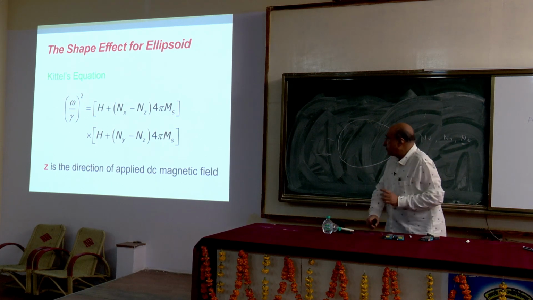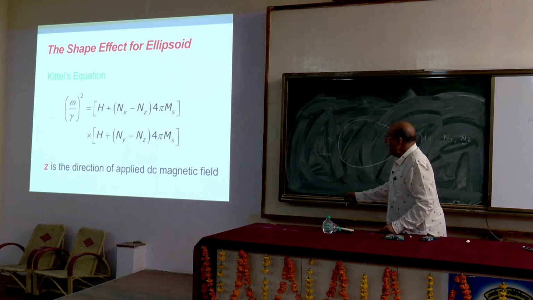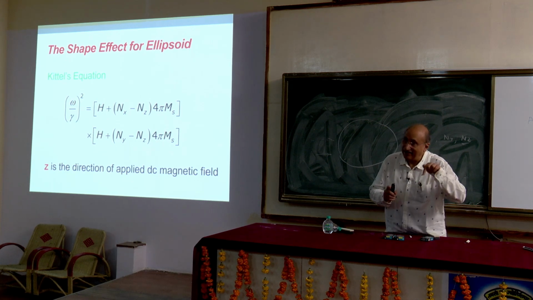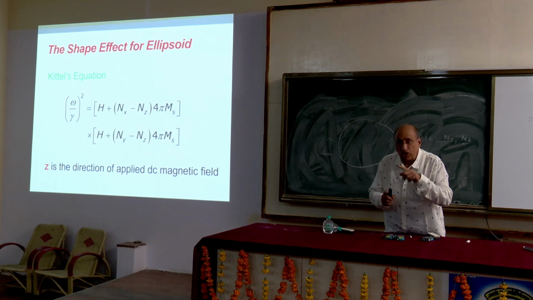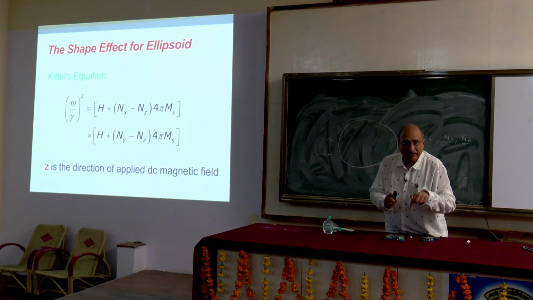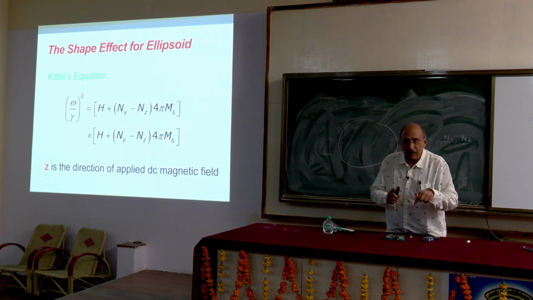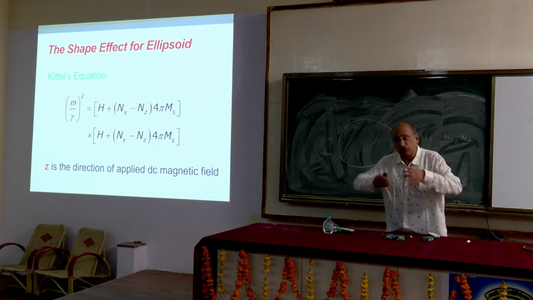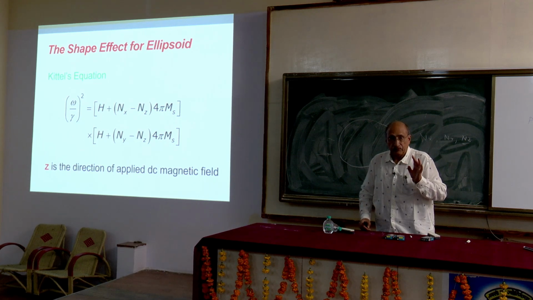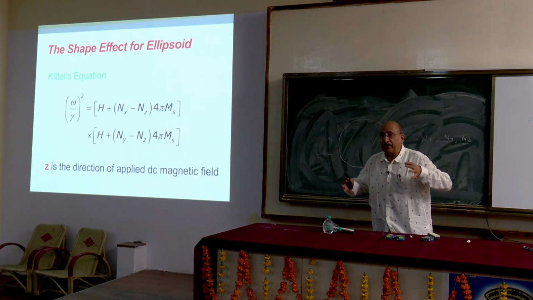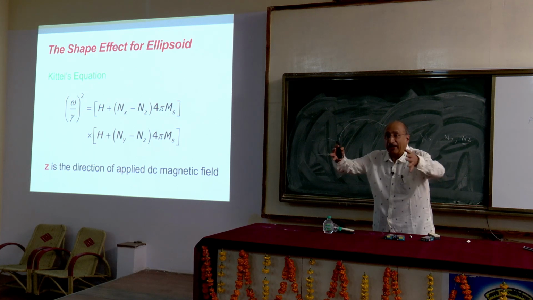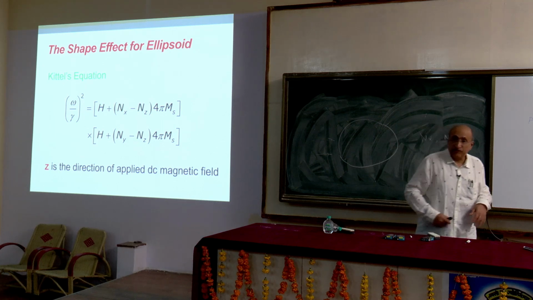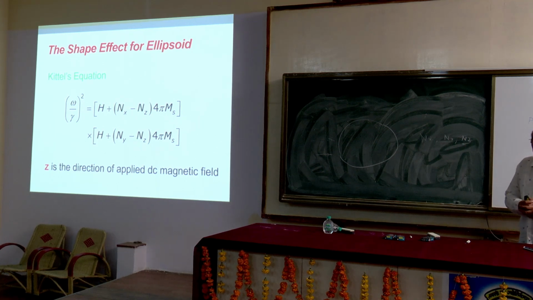Remember, this expression uses H, which is the externally applied field, not the internal field, while resonance will see the internal field. I do not want my equation to be in terms of internal field, because for that I have to calculate it. I would rather have the equation in terms of the field that I know, which I can measure very easily. That's the reason I have discussed that we use H field rather than B field.